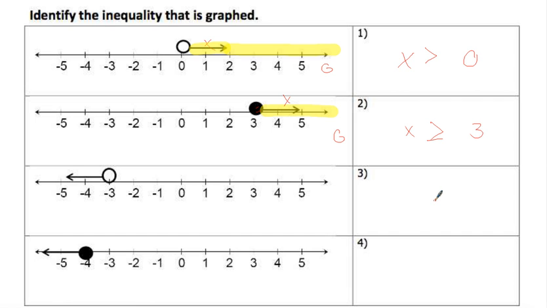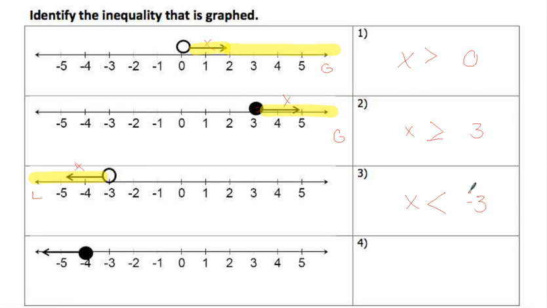Okay. Let's do one more. X, and then we have -3. Remember that the arrow is always X. Now in this case, this is the less than side. So X is less than, not equal to though because it's not colored in.